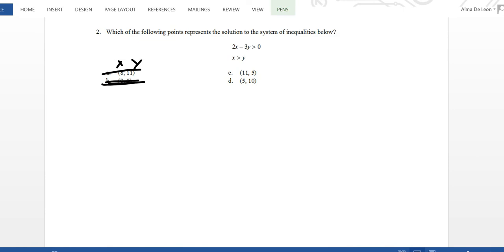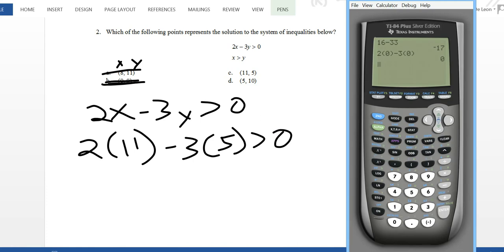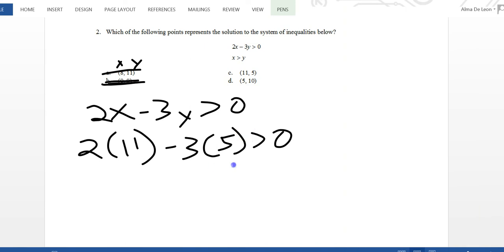Okay, so I'm going to start by rewriting the inequality. I'm going to plug in 11 for x and 5 for the y. And if I put this in the calculator, this gives me 7. 7 is bigger than 0.